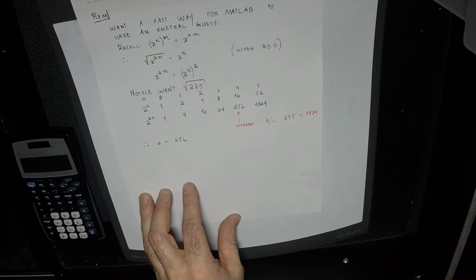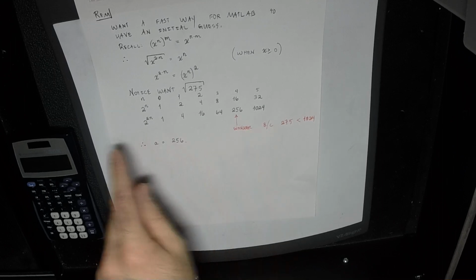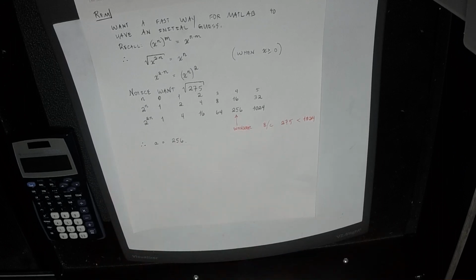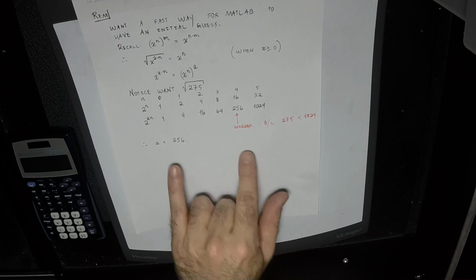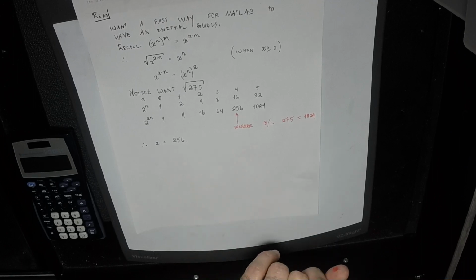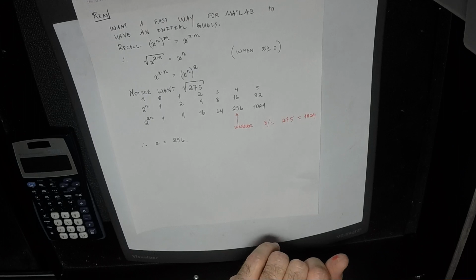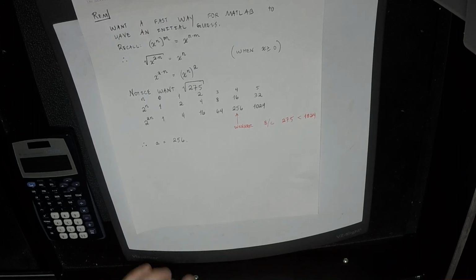Okay, so now let's see if we can write a function that does this. That guess is our best guess, that comes up with the initial guess. We don't want the square root of 256. Yes, of course the answer should be 16, not 256.